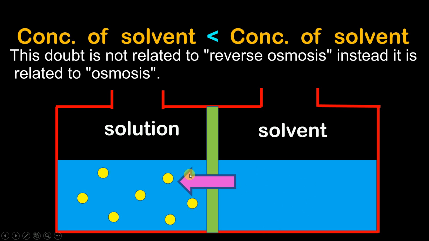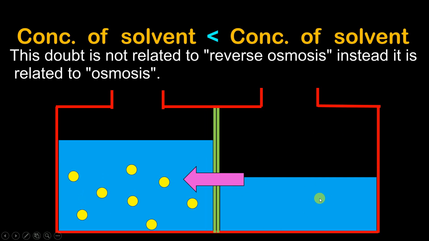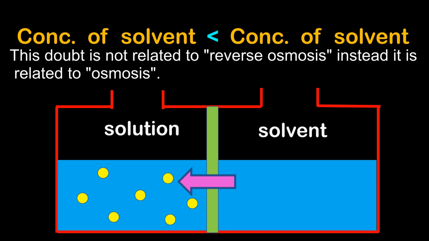So when you see net movement, you will observe that the molecules have traveled from right hand side to the left hand side. And as I told you all earlier, that the vapor pressure of pure solvent is greater and the vapor pressure of solution is less, and because of this they are traveling from right hand side to the left hand side.